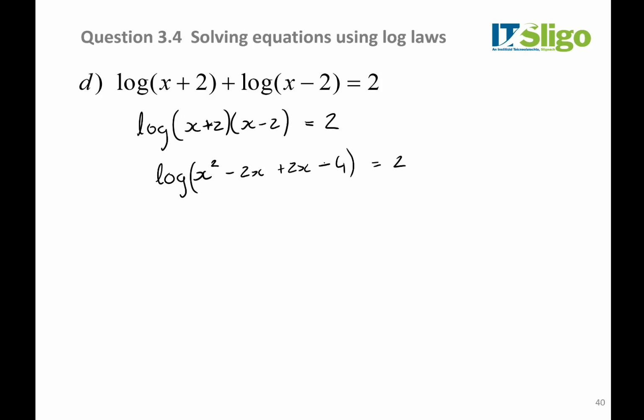Now when we tidy this up, these cancel each other out, and we get the log of x squared minus 4 is equal to 2. Now we want to solve for x. So raise both sides as a power on 10. That kills the log on the left.